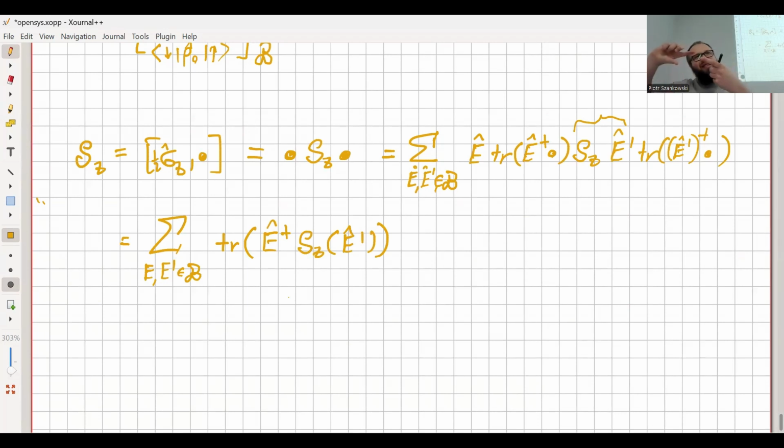So we know how this acts. It will turn into some transformed operator. Then it is consumed by this superoperator here, it just pops in. So this is what I've written here. Multiply the result of this action of S with E dagger and take a trace. And this is a number. So this is a coefficient. This is a matrix element of S Z.